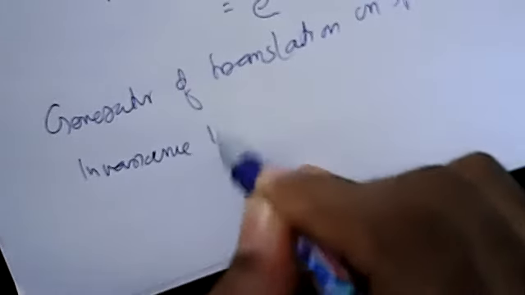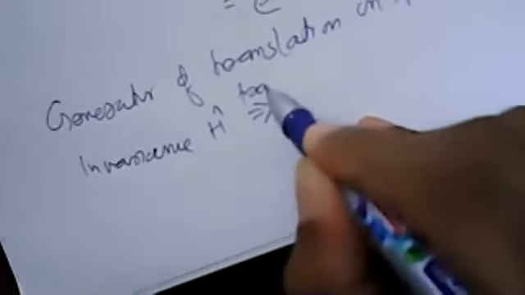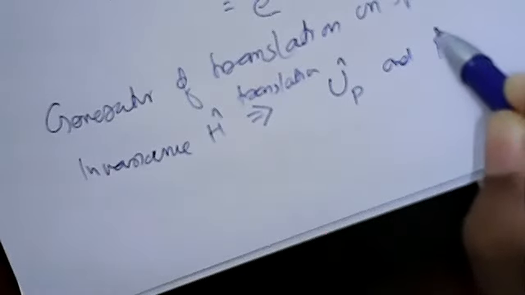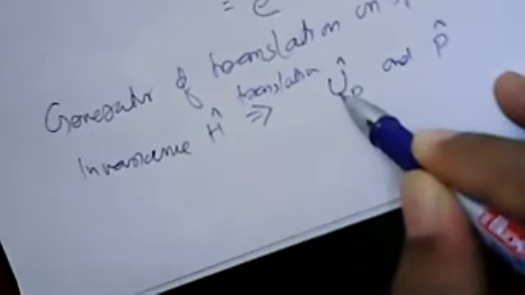Invariance of H under the translation operation means the unitary operator U_p, and hence P, which generates U, should commute with H.